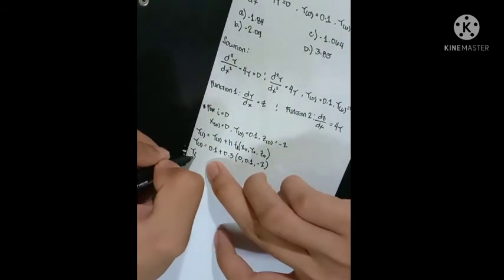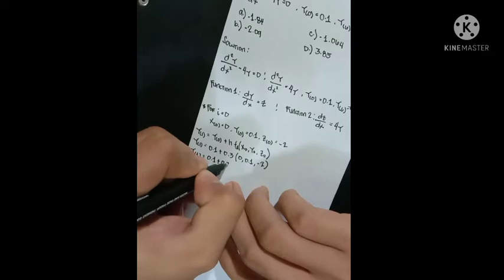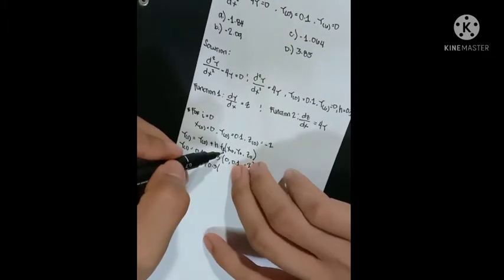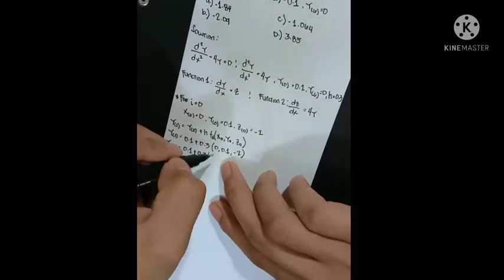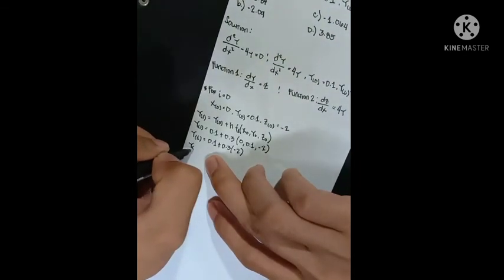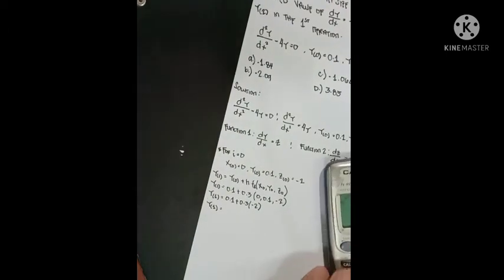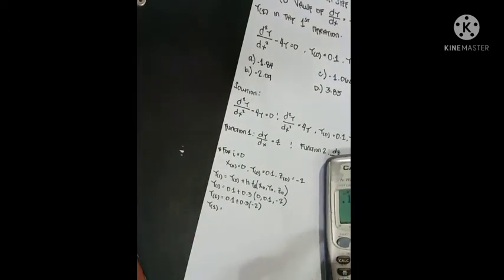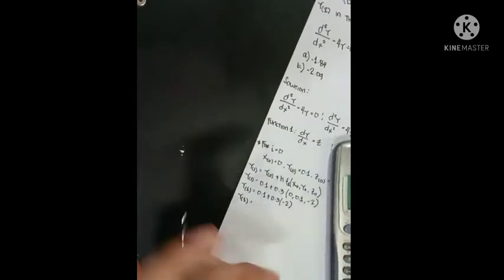So our y1 is equal to 0.1 plus 0.3 times the function 1, which is equal to z. So our z is negative 2, so times negative 2. So our y1 is 0.1 plus 0.3 times negative 2. So we have the value of negative 0.5.